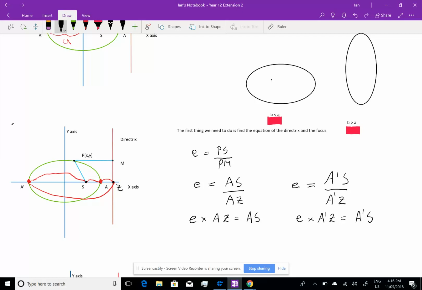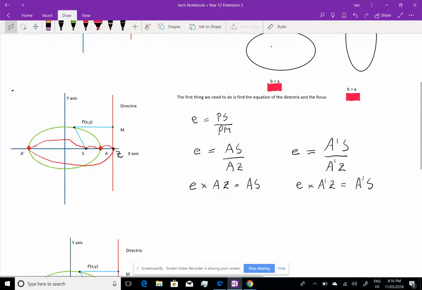Now, we know that SA plus SA dash equals, so let's have a look at that.